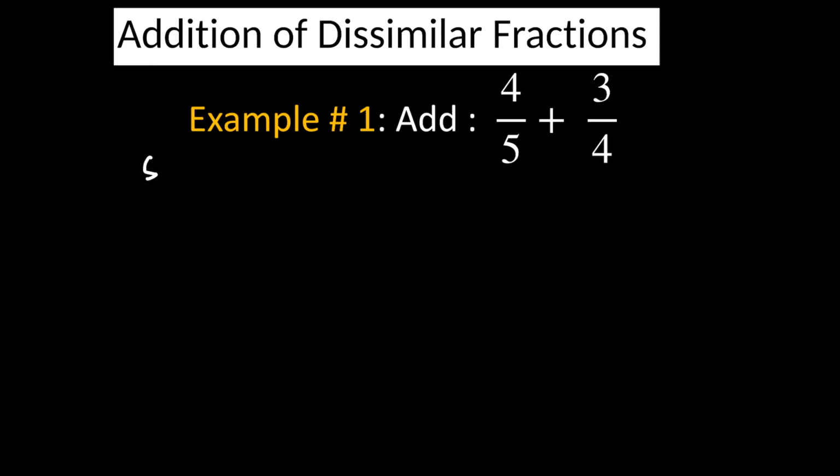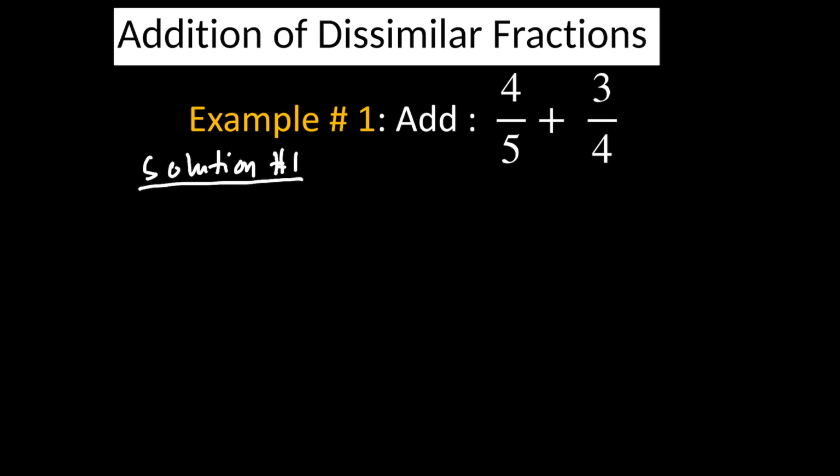Okay, so let me label the first method, solution number 1. Okay, this is actually the usual thing that we do in adding fractions, and that is to find the least common denominator of the two fractions.